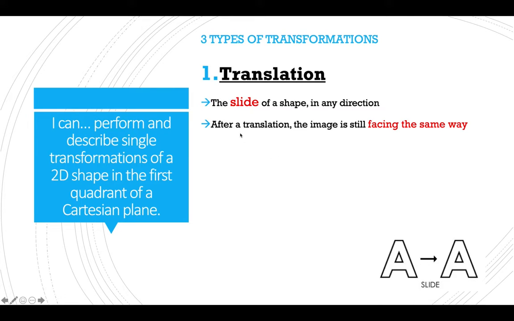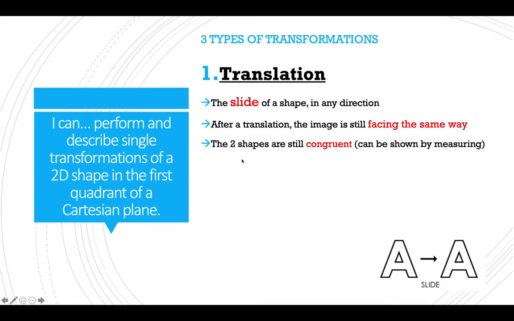After a translation, the image is still facing the same way. Because this shape is symmetrical, this actually could be a reflection also, but they're telling us it's a slide. For something that's not symmetrical, like a C or an S, we'd know for sure it was a slide because it's going to be facing the same way.